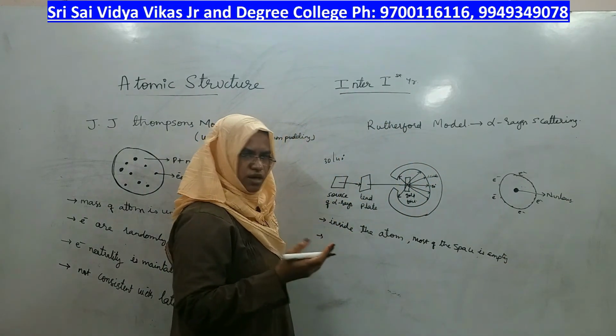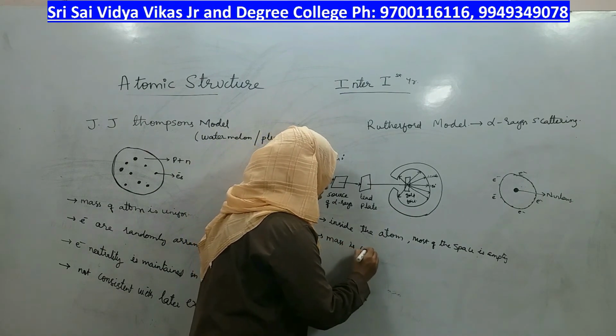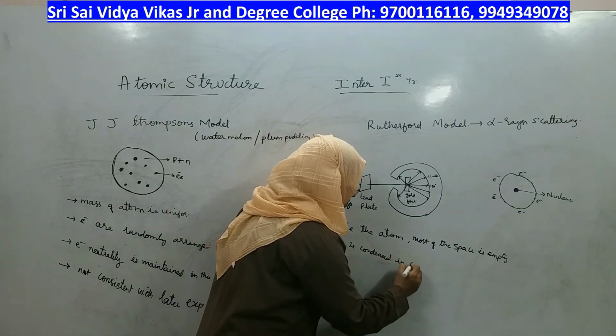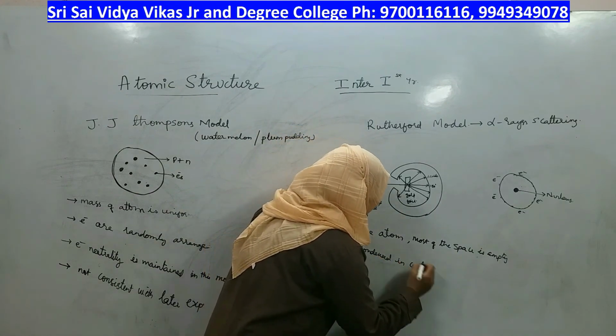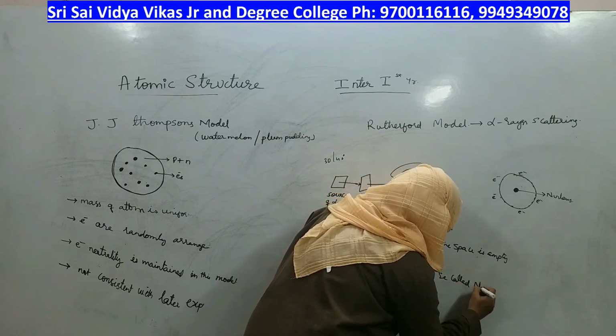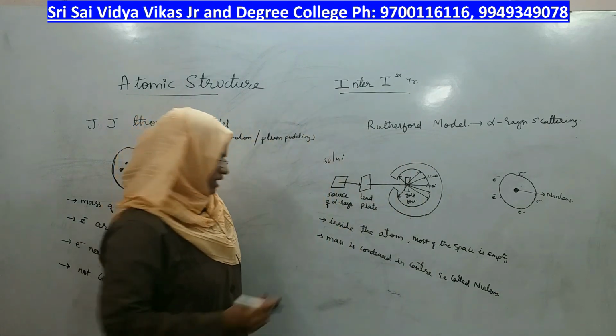Then what is the mass? Mass is condensed in the center and called the nucleus. Then where are electrons?